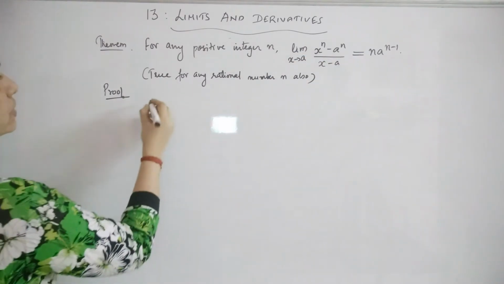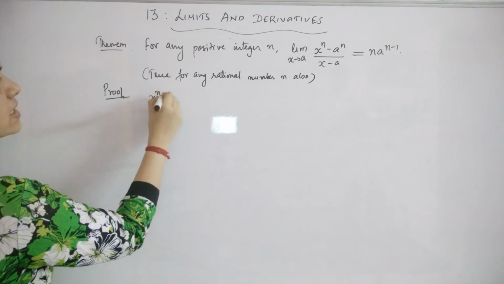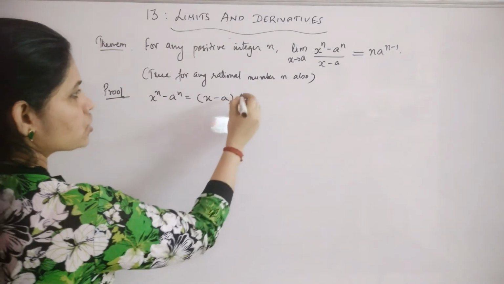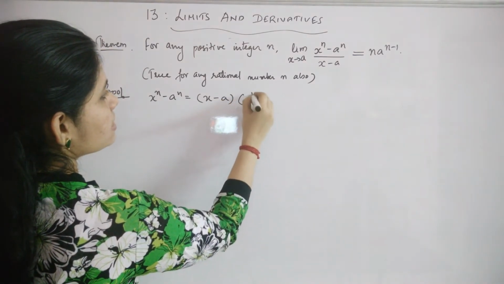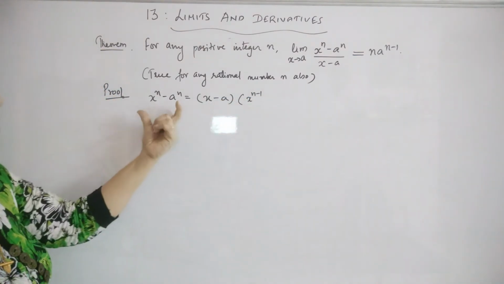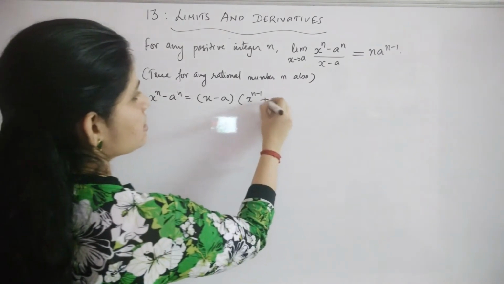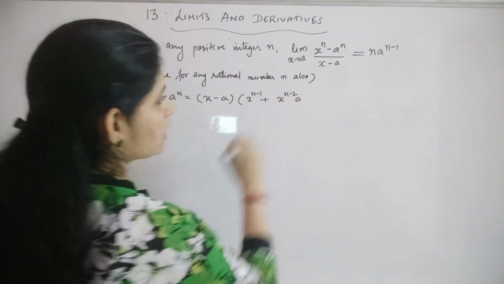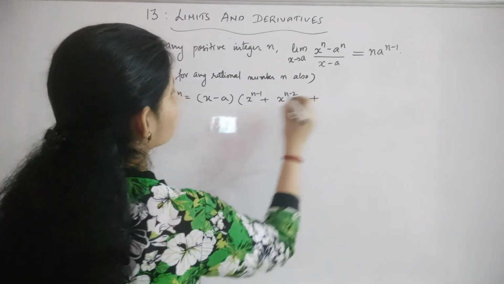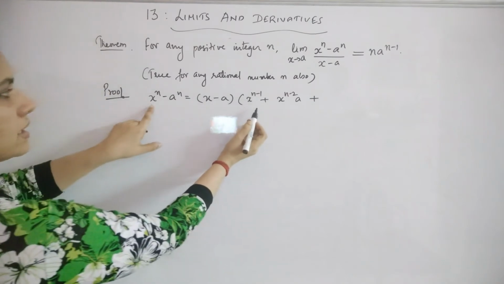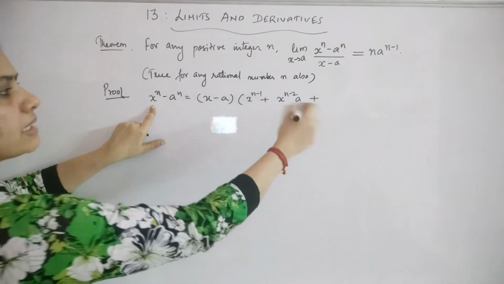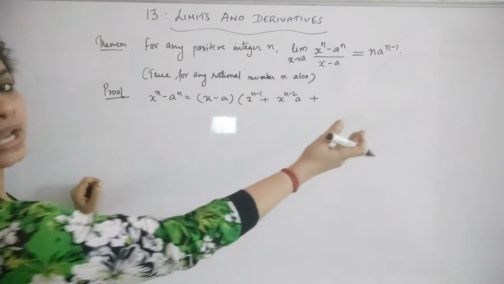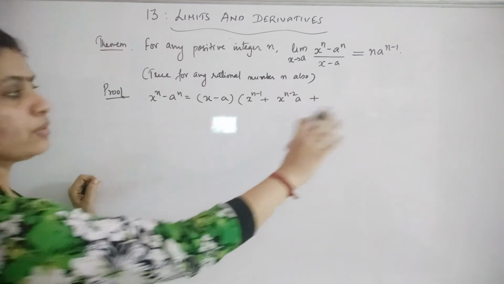Okay, now how to prove this: you can write x raised to n minus a raised to n as (x minus a) into (x raised to n minus 1, plus x raised to n minus 2 into a, and so on). After multiplication you will get this only. The power of x will decrease here and you will get a, then you can multiply these two and you will get this term, and the remaining middle terms after multiplying will get cancelled and you will get only the last term when you expand.